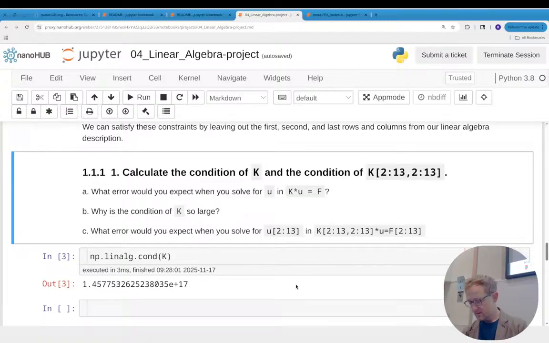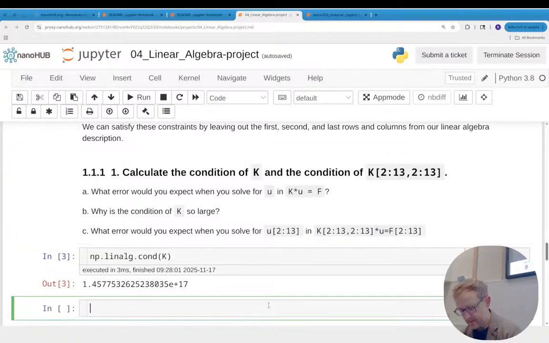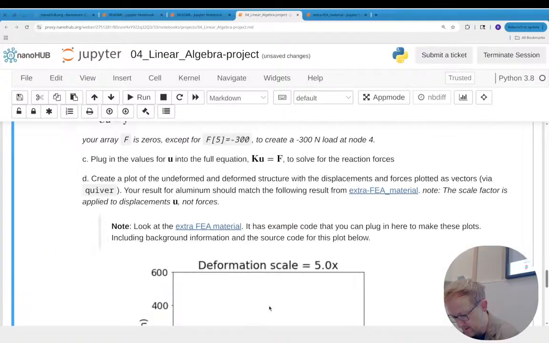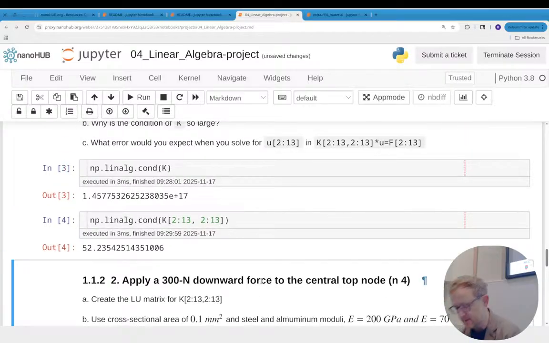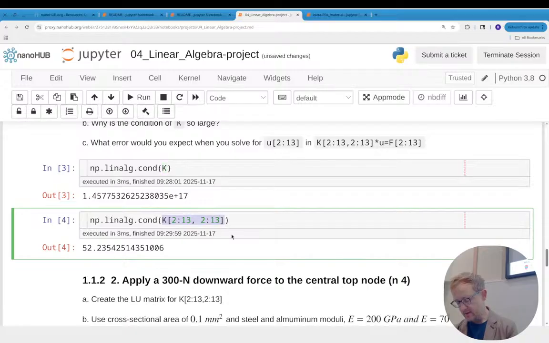But what we were talking about was what is happening here, because I can make the calculation, right? Linalg condition K[2:13, 2:13], and now the condition number is 52. That's a reasonable condition number. That's very easy to solve. But what did I do when I said K[2:13]?